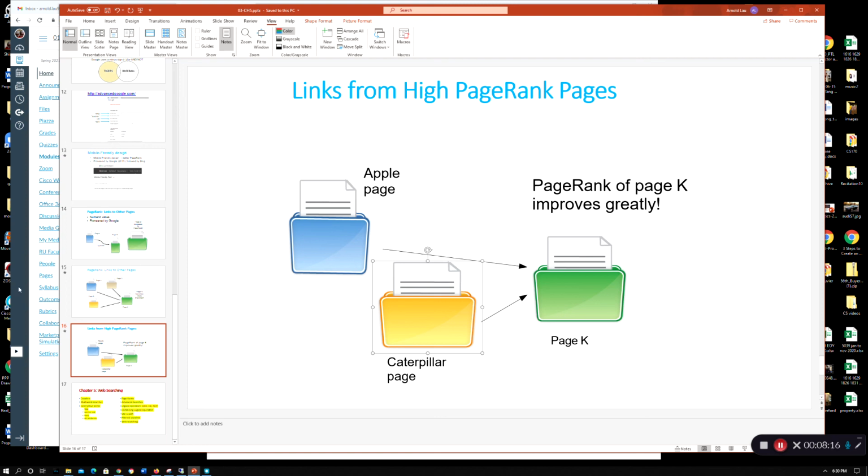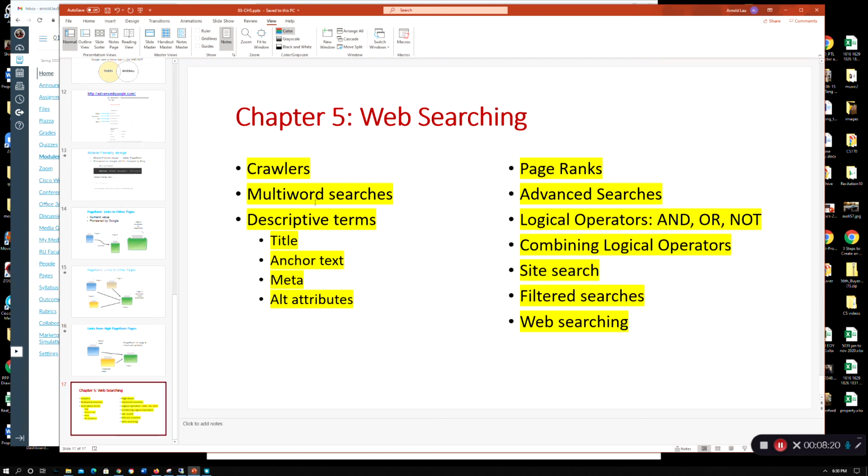Okay, so that concludes chapter 5. Here we have in highlight a review of what we pointed at the beginning in terms of the topics you should understand. Remember, these are data that's embedded into your web page, which helps the crawler to understand your page better, and hence the indexing and the ranking of it.